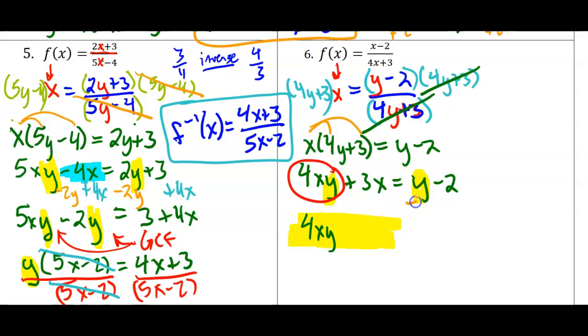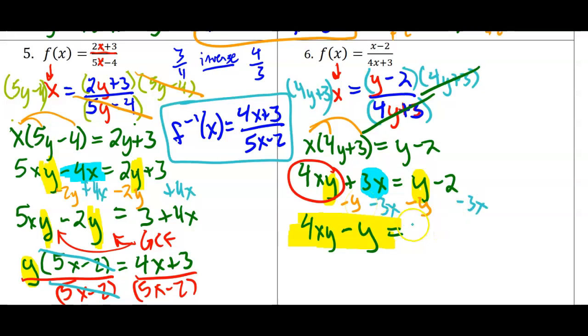This y to move over, I subtract y from both sides. Okay. Then on the right, I need to move the quantity that's not got a y, that would be the 3x. I need it off of the left and onto the right. So I subtract 3x from both sides.